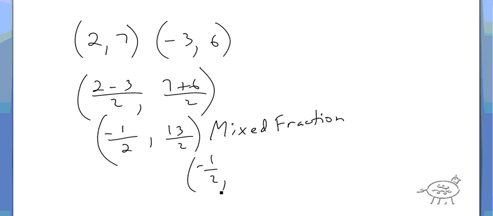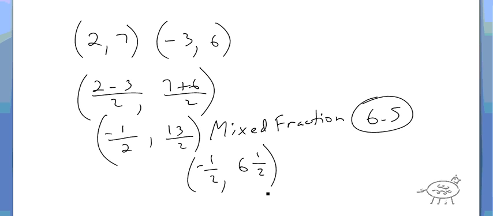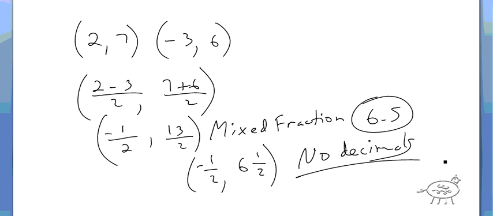But 13 divided by 2, as a decimal, you get 6.5. You should know how to put that as a fraction then, right? Isn't that 6 and 1/2? Okay, no decimals. So I'm going to put on here, no decimals. If you guys give me a decimal, you're going to lose 1 point. So if you write negative 0.5 and 6.5, I can take a point off. I want to see a fraction on there.